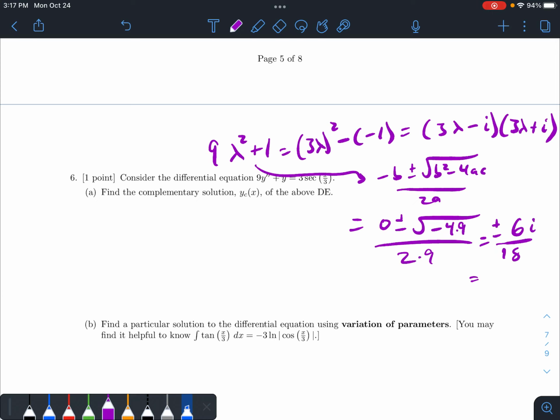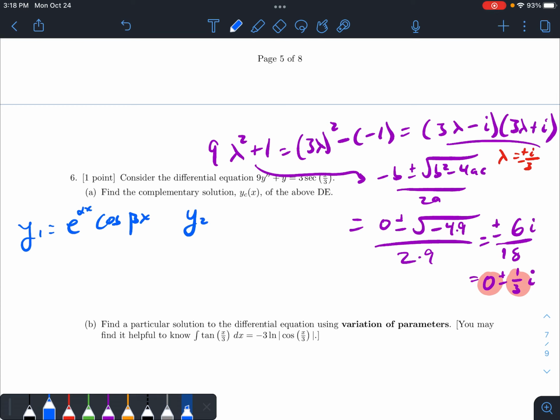Now we can just say this is our alpha, this is our beta, and so our solutions, y1 would be e to the alpha x cosine of beta x, and our y2 would be e to the alpha x sine of beta x, where this is our alpha and this is our beta.